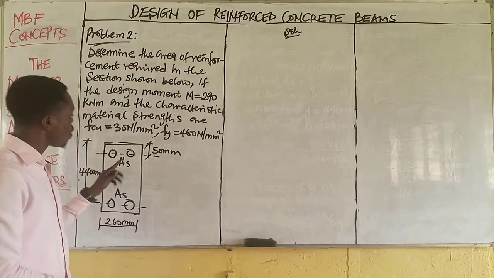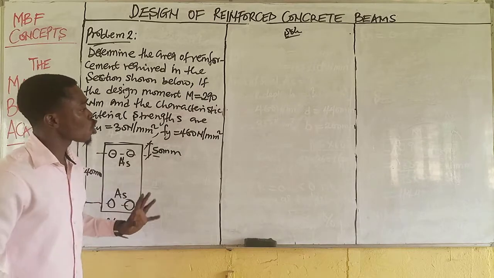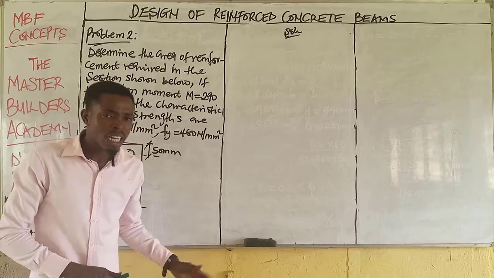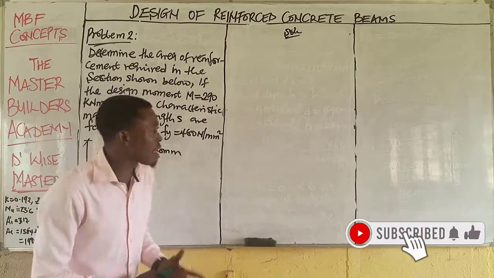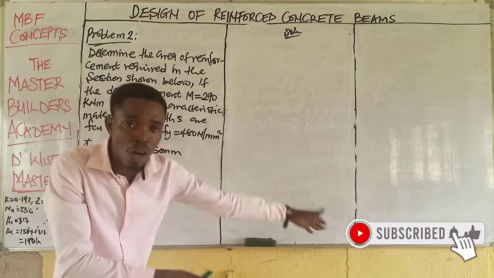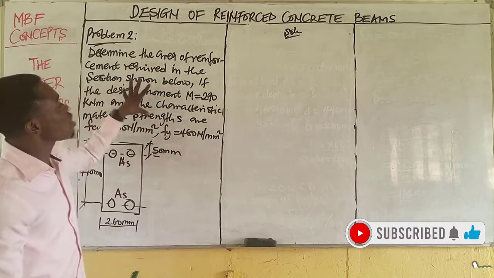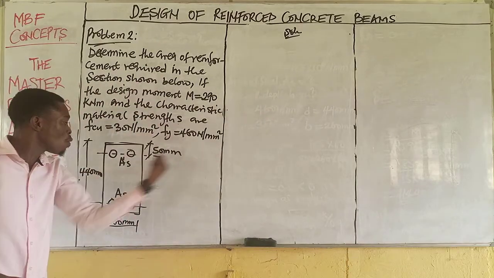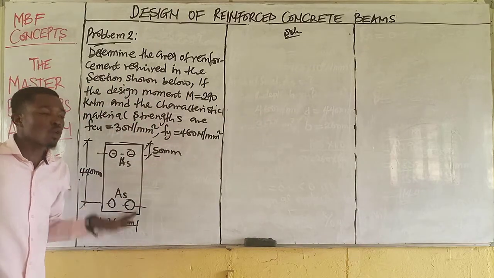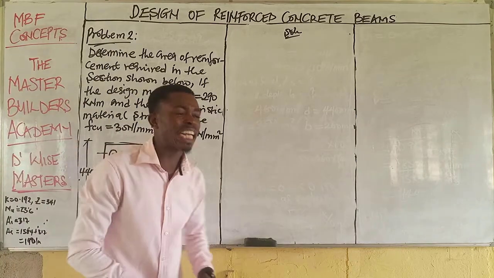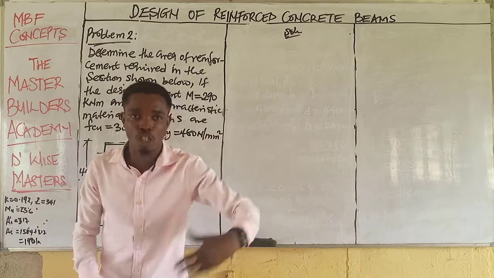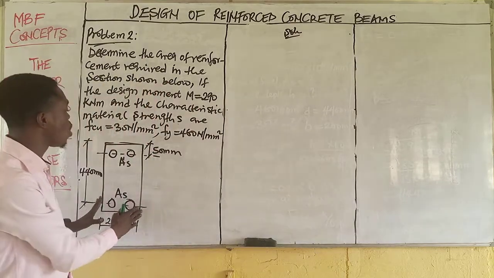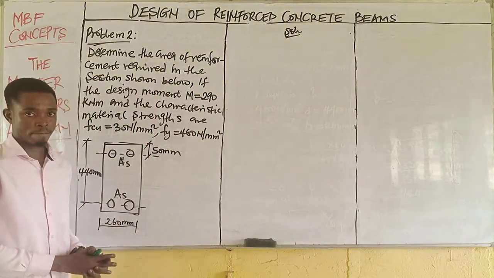The presence of this As prime does not necessarily dictate that this structure should be designed as doubly, except that the values you have here correspond. The values can disagree with the notations. So let's test run on our own and check if truly this section is to be designed as doubly, as the examiner or the author has stated.